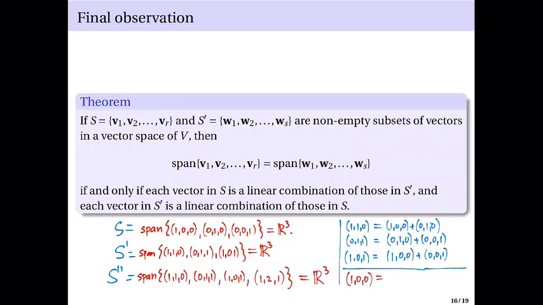This is equal to 1 half (1, 1, 0) plus, this 1 half, or I should have 3 halves. Let me just write this 1 half (1, 0, 1). Yep, minus (0, 1, 1).